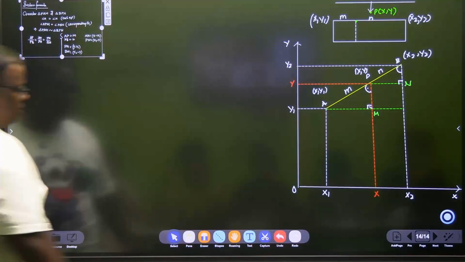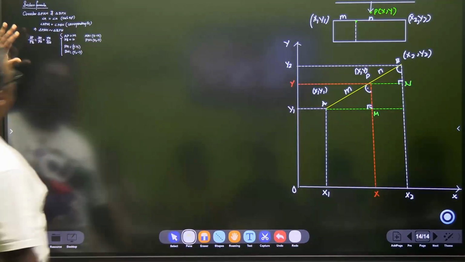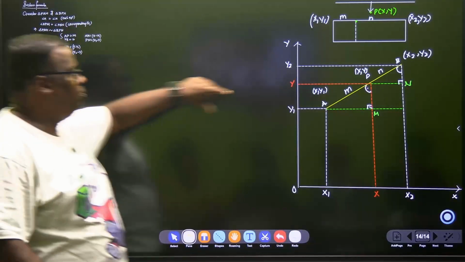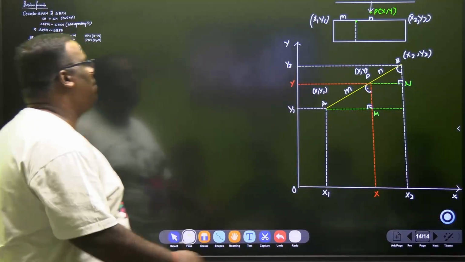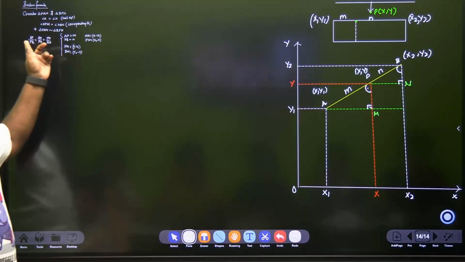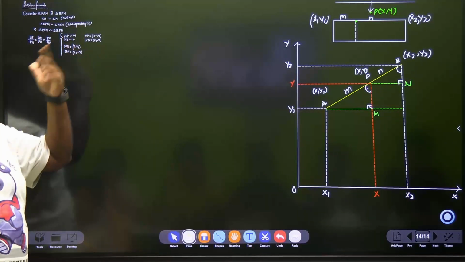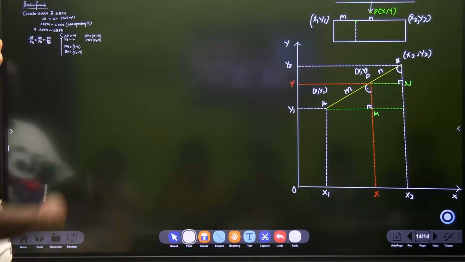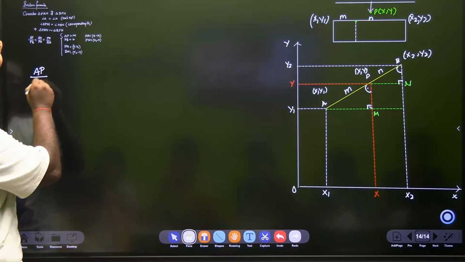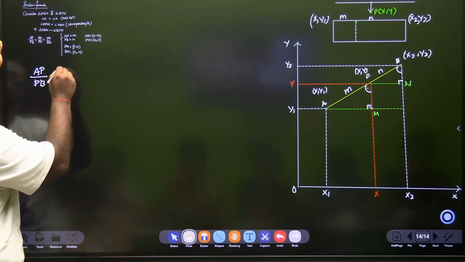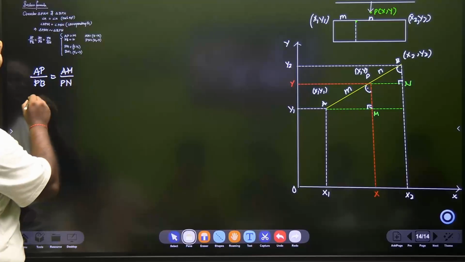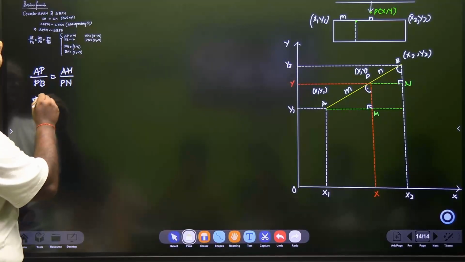Okay, shall we? Now the job is very simple. Look, this AP hypotenuse by this is what? M by N, and this is a double equation. So we'll take one at a time with the left side. First equation that I'm processing is AP by PB is equal to AM by PN. What can I write in place of it?